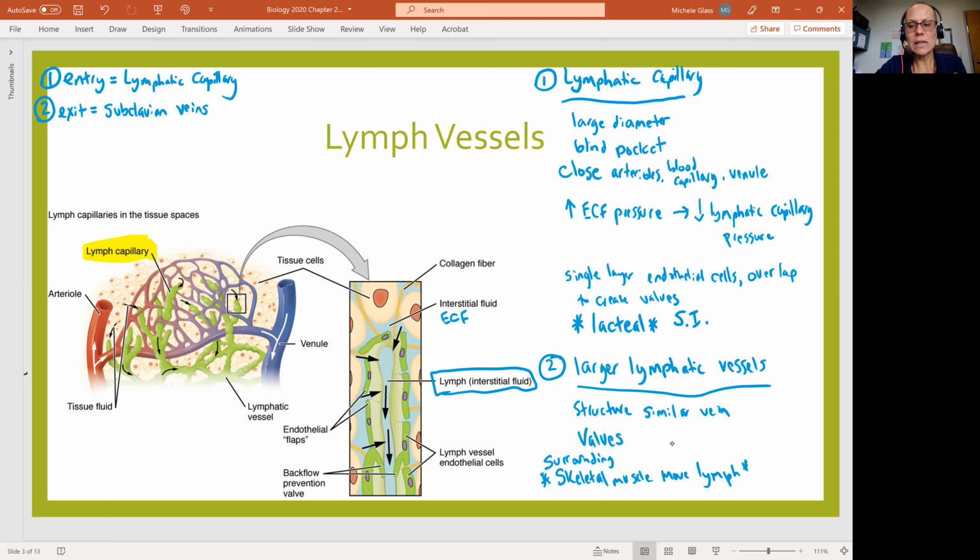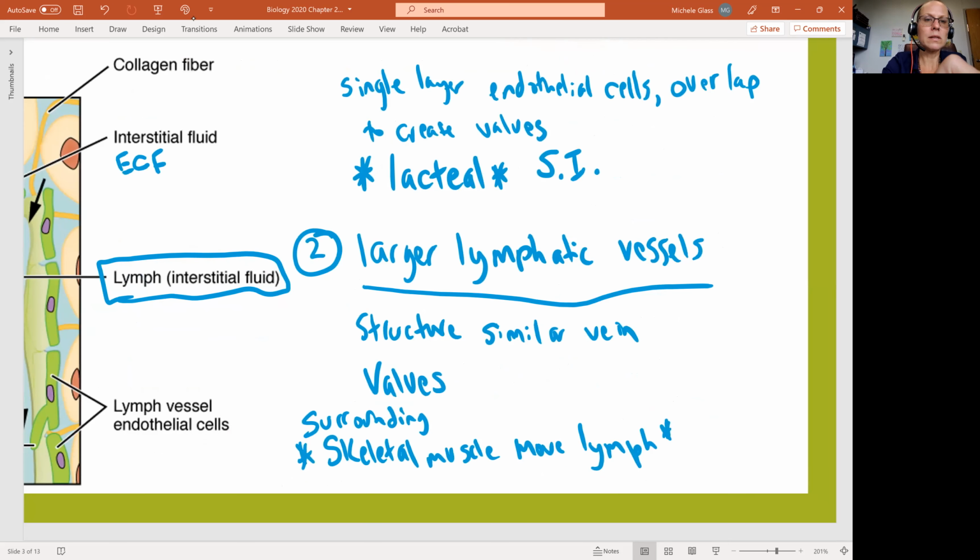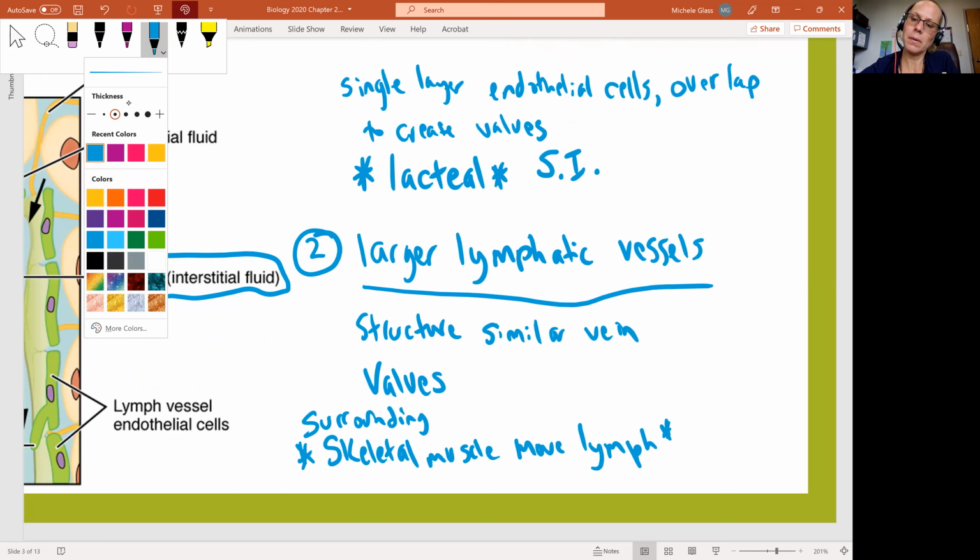When we look at these larger lymphatic vessels, we'll see that you're going to have superficial and deep.